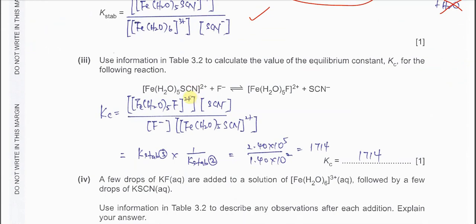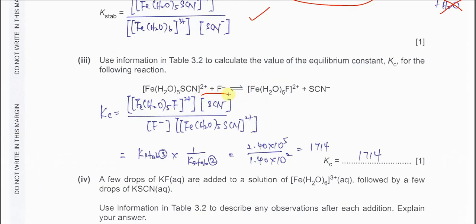Okay, part 3. Use information in table 3.2 to calculate the value of the equilibrium constant Kc for the following reaction. This one you first have to construct the Kc expression: the concentration of the products, these two, over the concentration of the reactants, these two. So you get this Kc expression. Then if you look carefully, you can actually use the K step values in the table.